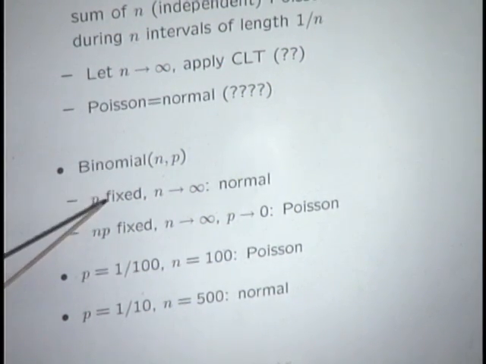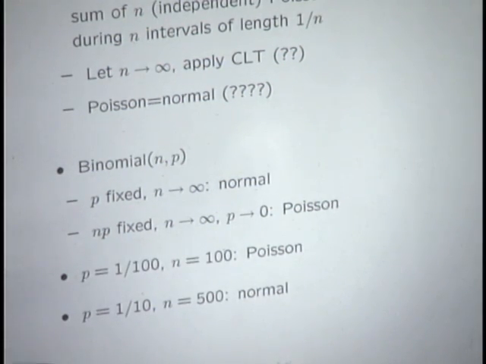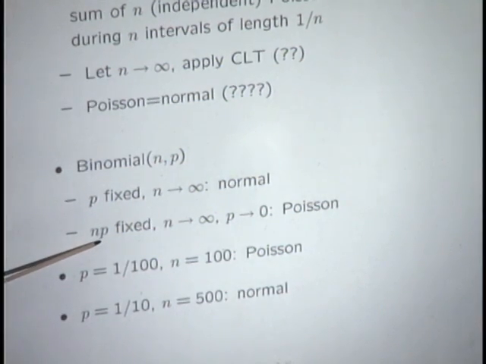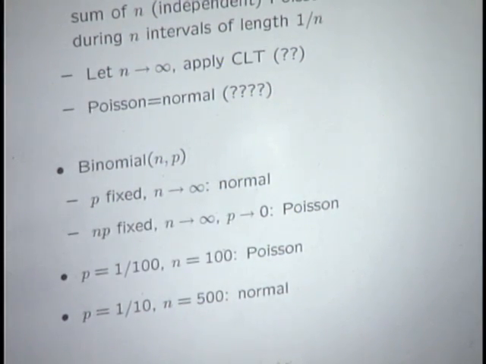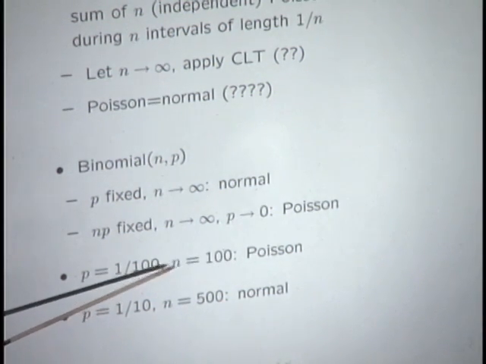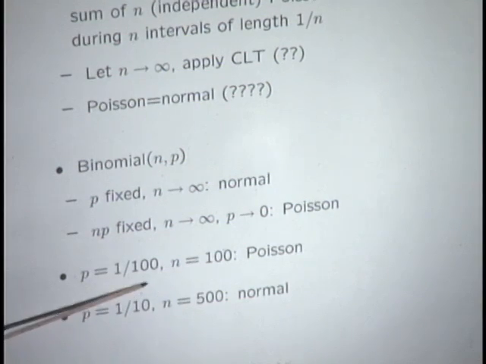In one regime, we fix p and let n go to infinity. In the other regime, we let both n and p change simultaneously. Now, in real life, you are never dealing with the limiting situations. You're dealing with actual numbers. So if somebody tells you that the numbers are like this, then you should probably say that this is the situation that fits the Poisson description: a large number of slots, with each slot having a tiny probability of success.